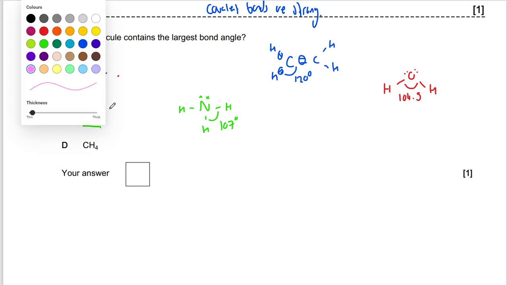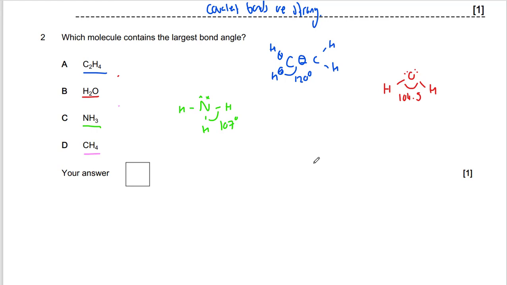And those who are eagle-eyed observers here will have seen that the final option is CH4, which is very simply put, a straightforward 1, 2, 3, 4 bonds, tetrahedral 109.5.